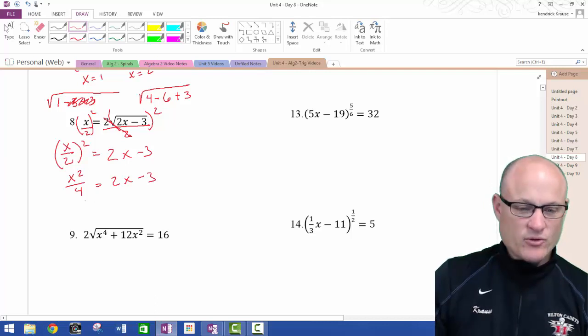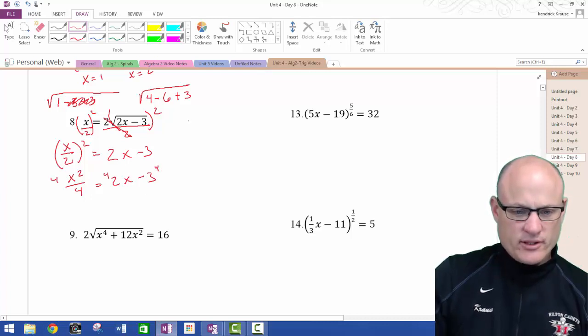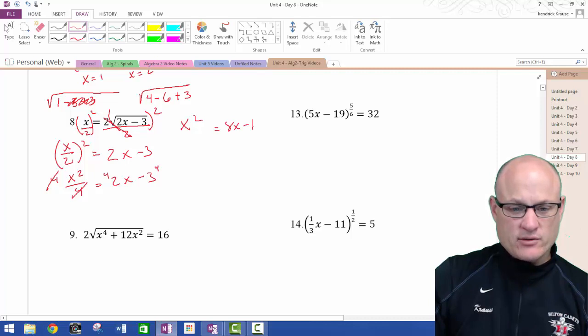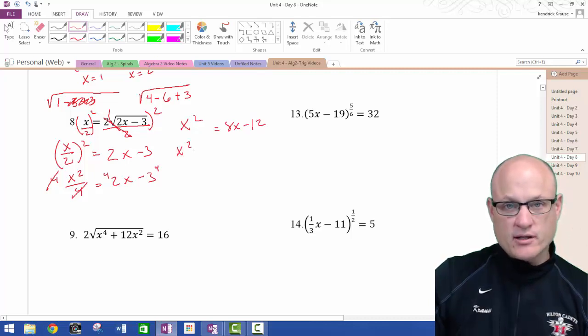I hate this 4, so I'm going to multiply everything through by 4. So I end up, I'm going to do it over here, I get x squared, because these cancel, equals 8x minus 12. I'm going to bring everything to the left side. x squared minus 8x plus 12 equals 0.